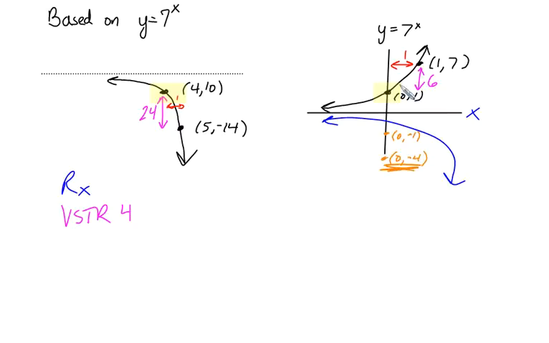How do we get from that spot to where the point closer to the asymptote ends up at 4, 10? Well, on this one, we're going to have to move it to the right 4. That goes from 0 to 4. And we're going to have to move it up 14 as well.